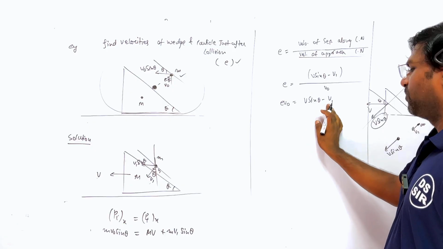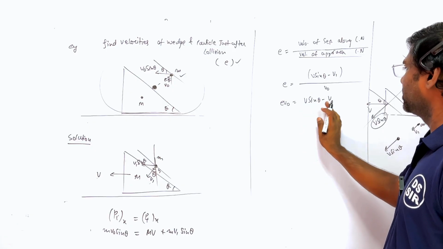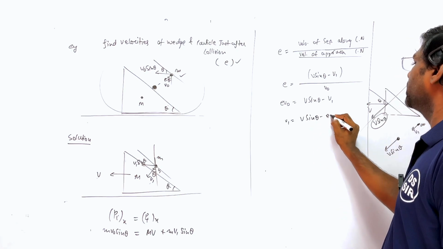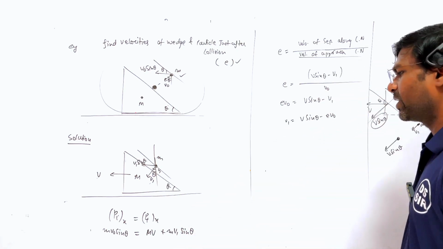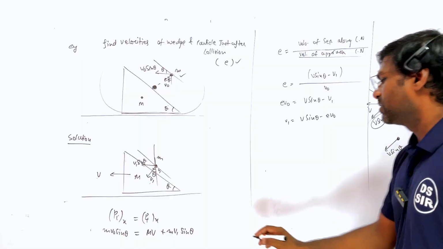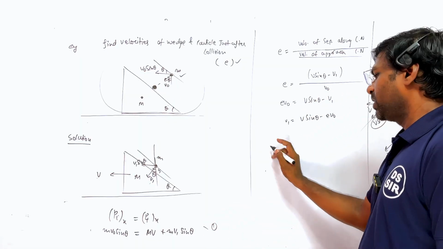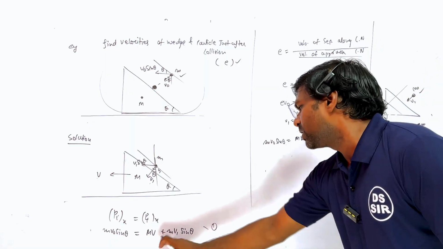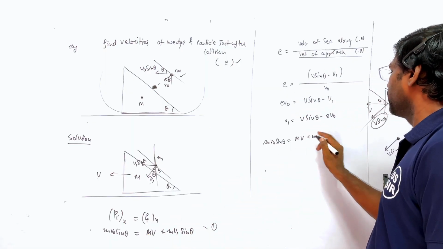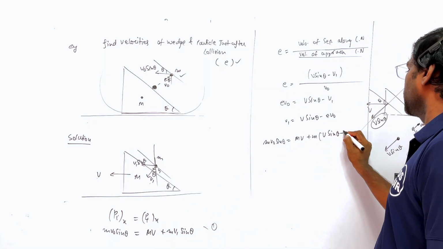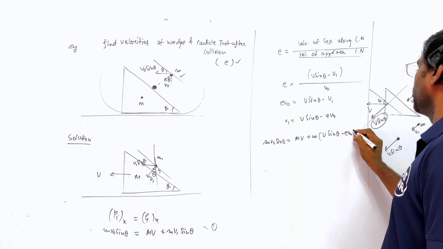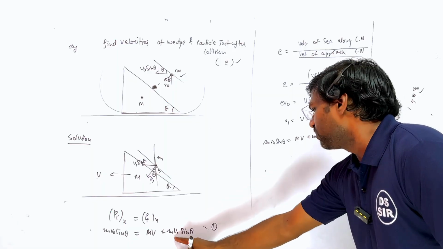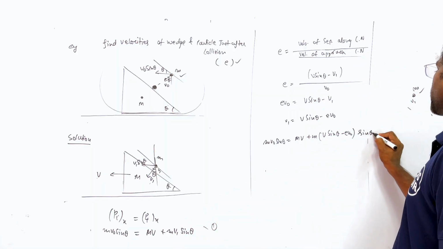So what is the value of v1? v1 is equal to V sine theta minus e v naught. I will put this over here, and this is equation number 1. From equation number 1, m v naught sine theta is equal to m into V plus m into v1, that is V sine theta minus e v naught, and one more sine theta will be there.